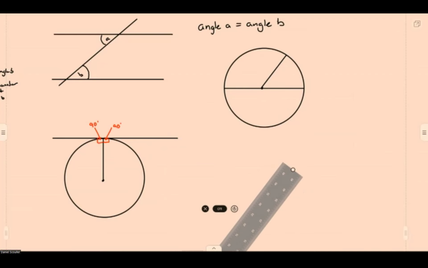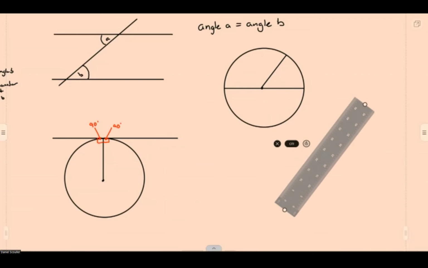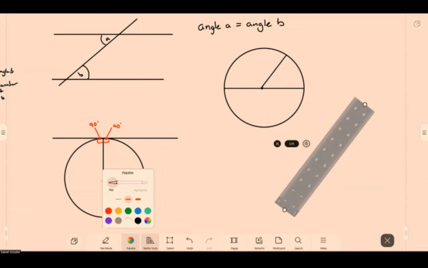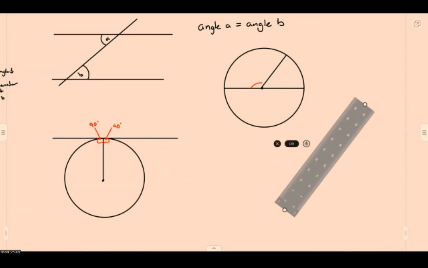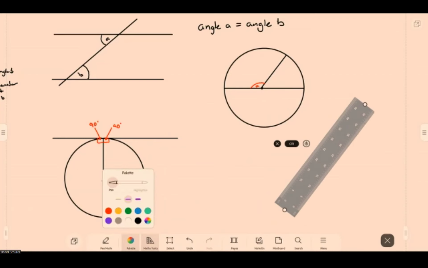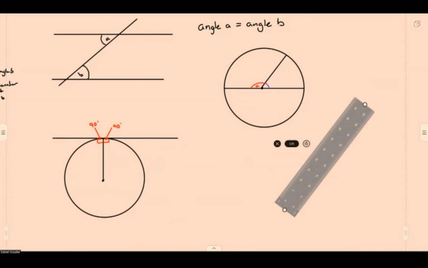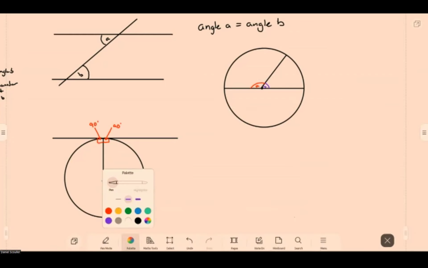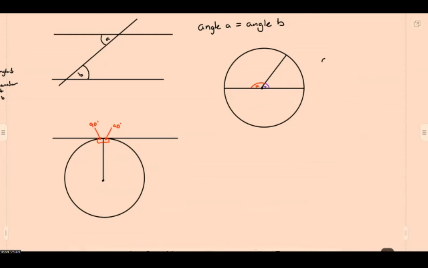Okay, if I've got a straight line and an angle coming off it, if I add angle A plus B, it's going to equal 180 degrees.